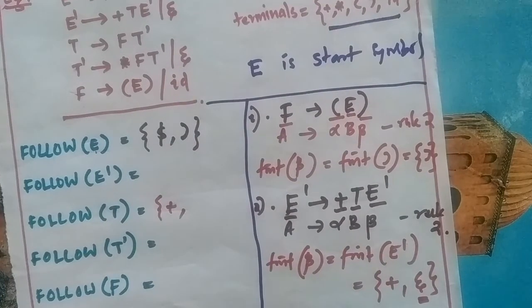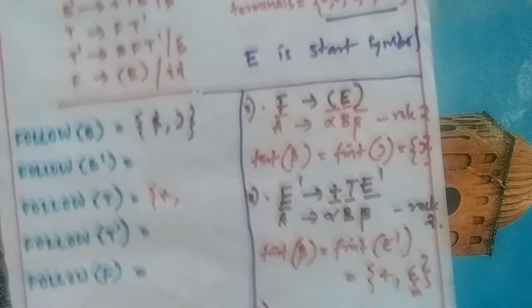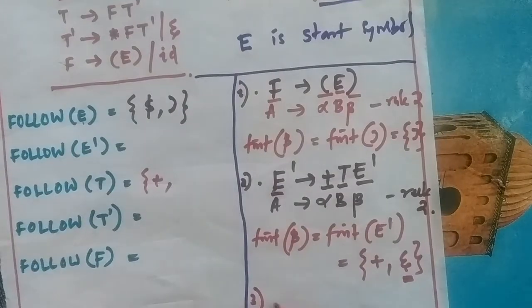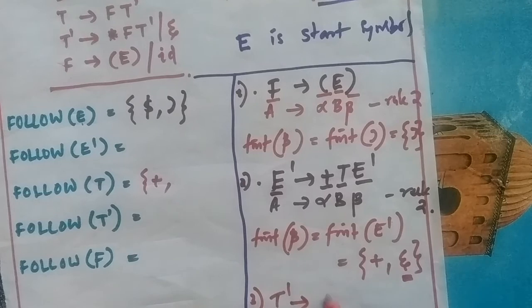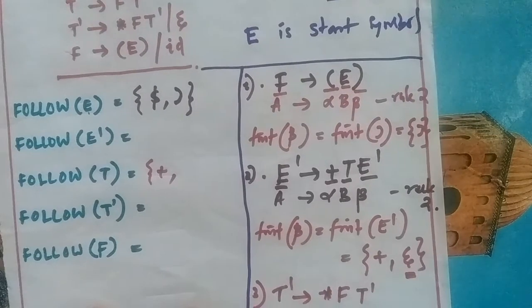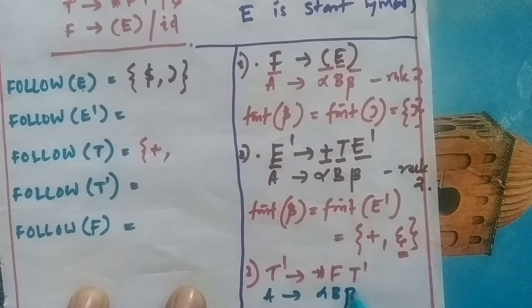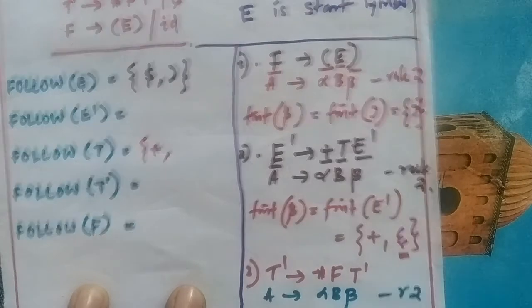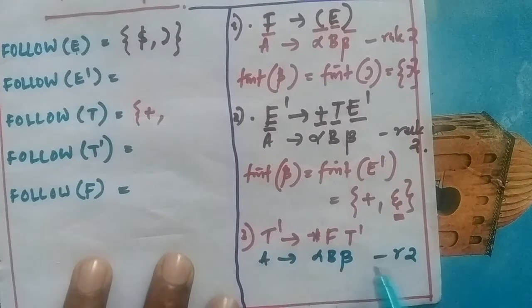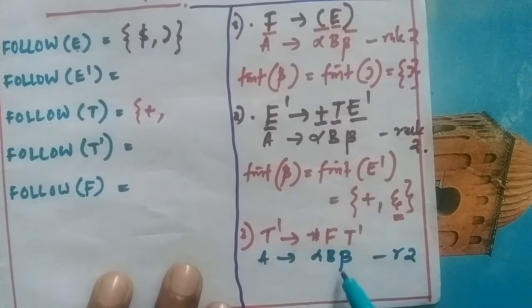Then the third one, T dash gives star F T dash. This is of the form A gives alpha B beta, so I will apply rule 2. Rule 2 says first of beta, that is first of T dash. What is first of T dash?